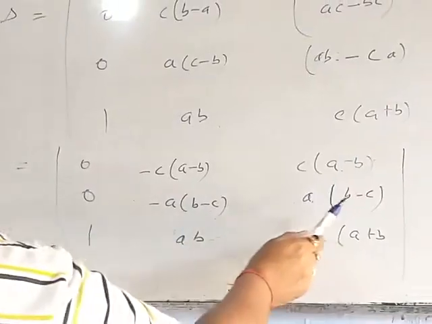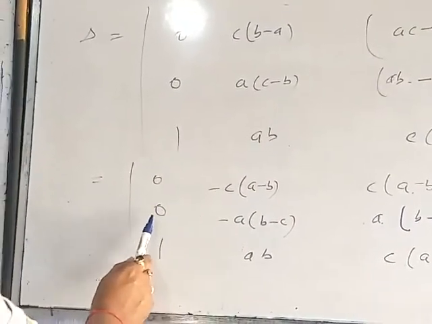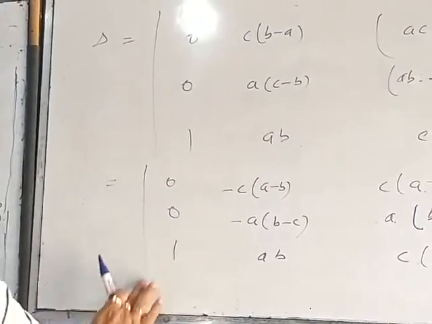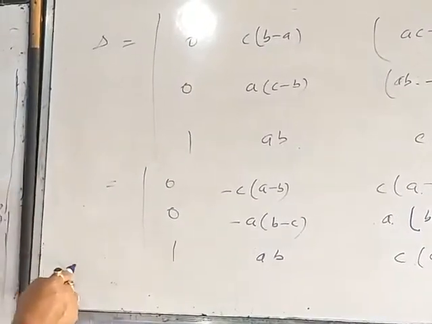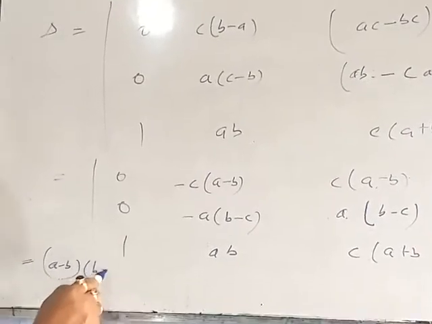B minus C here is 0, so 0 will not affect taking common. So take common, student: A minus B common, B minus C common.